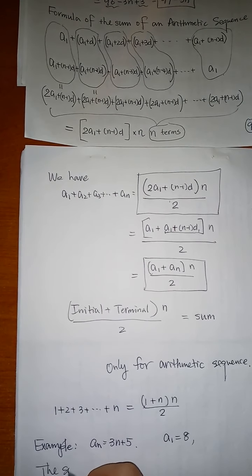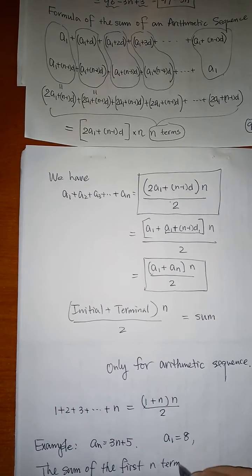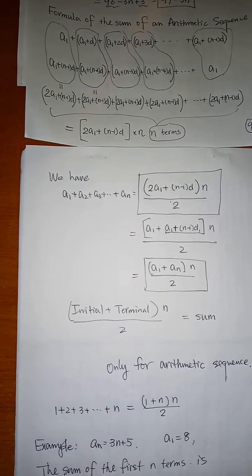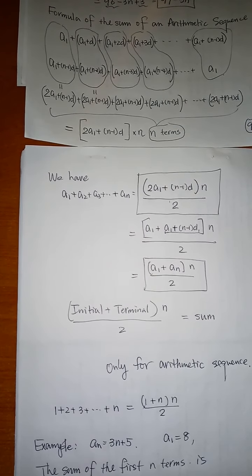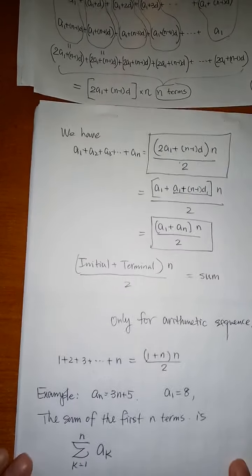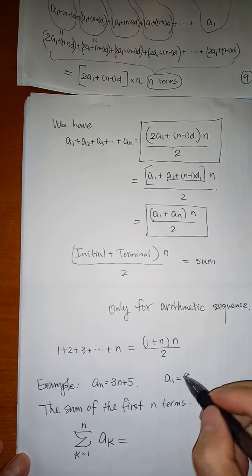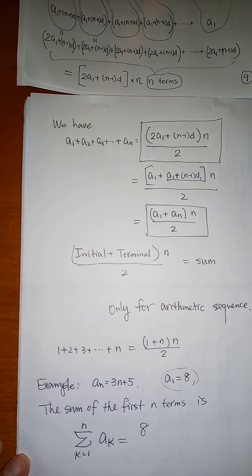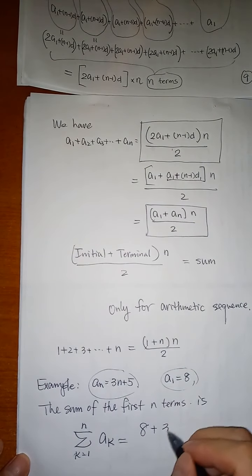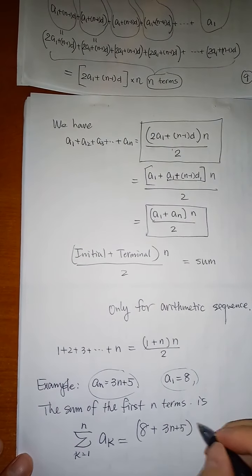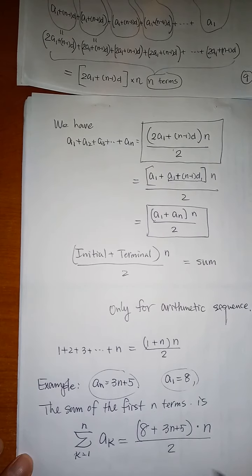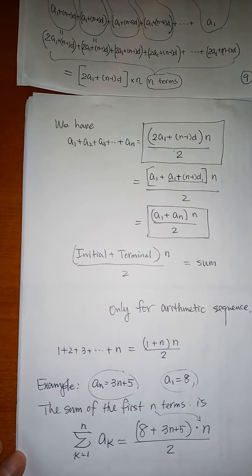So the sum of the first n terms, sum from 1 to n of ak, is equal to the initial term plus an, the terminal term, times the number of terms, divided by 2. There are n terms, so you put n here.